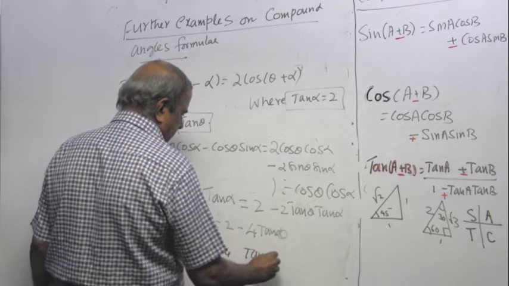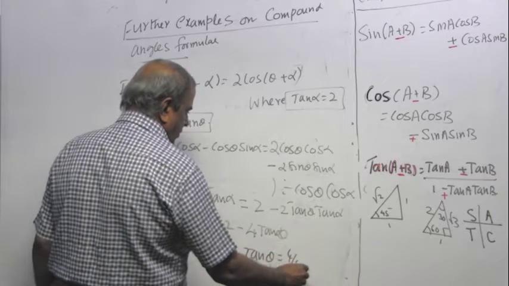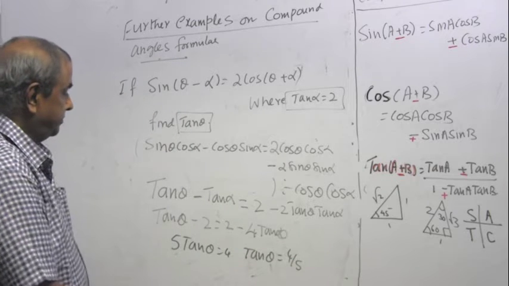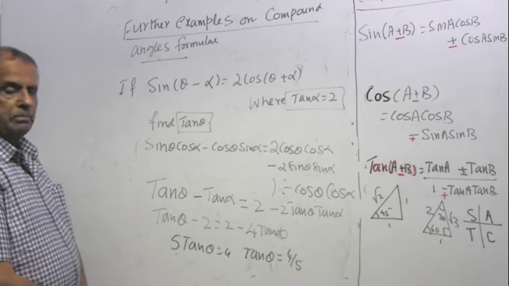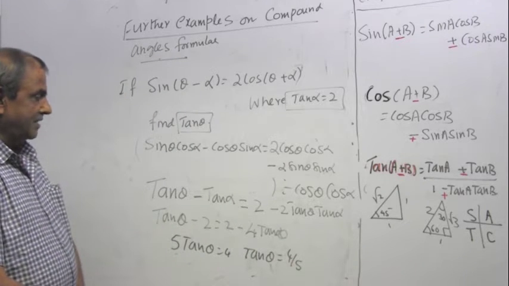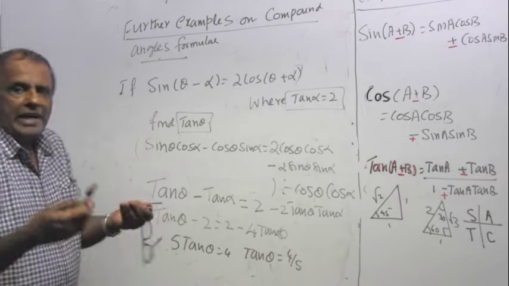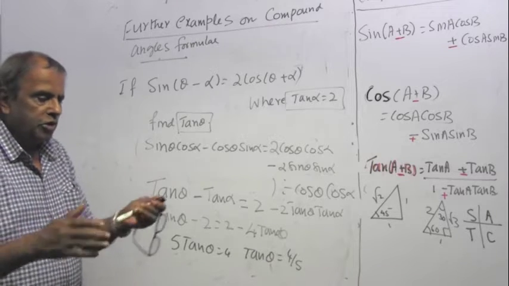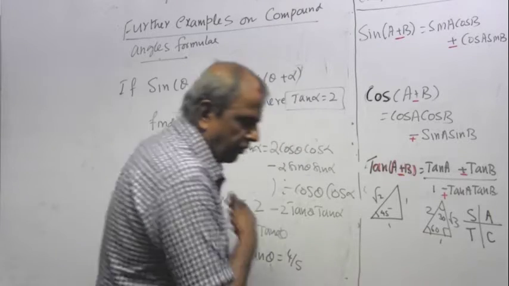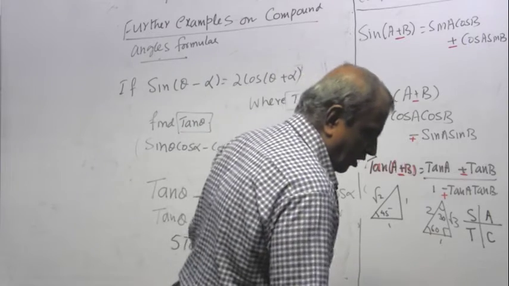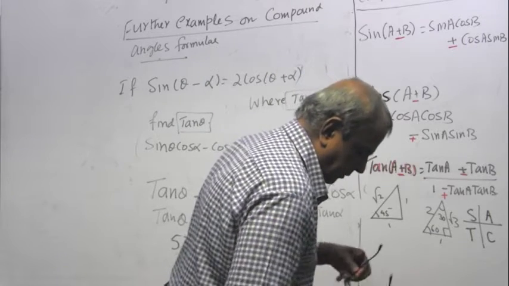So tan theta equal to 4 over 5. That's the fourth example I'm taking. Clear? The whole idea again is for you to get used to various ways and means of solving such equations.